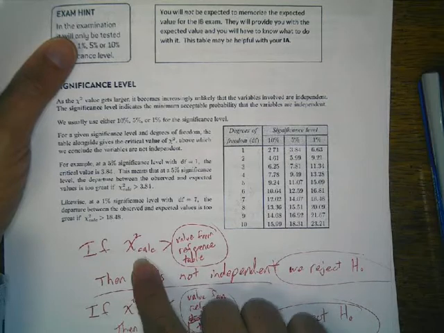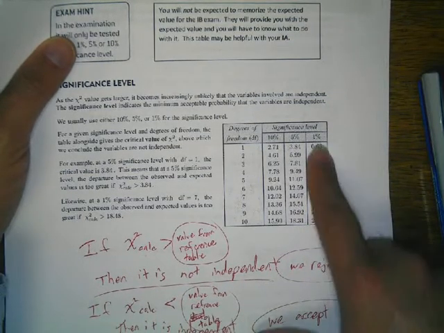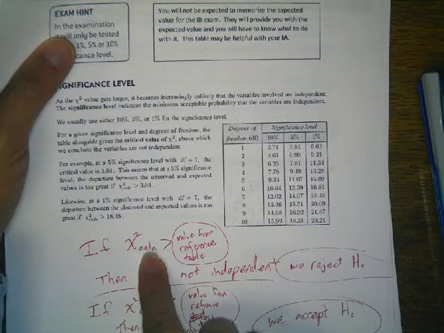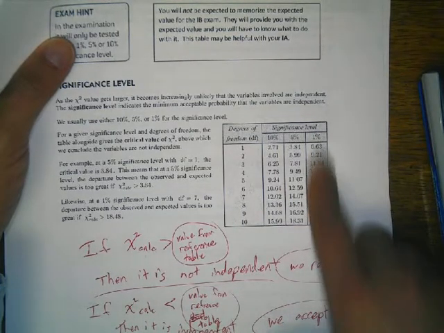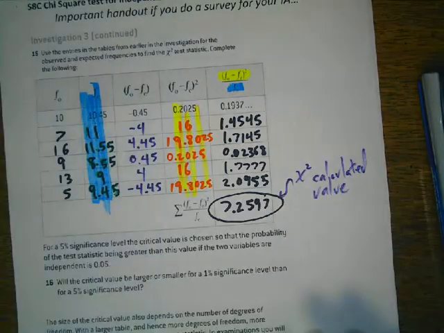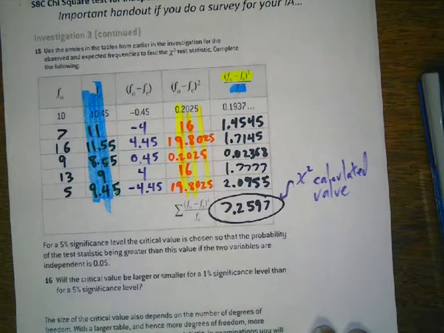At 1% significance, notice it's a bigger value than at 5%. Basically, you have to get a higher chi-squared calculated value for 1% significance, because this is saying that your data is so strong that it's definitely not independent.